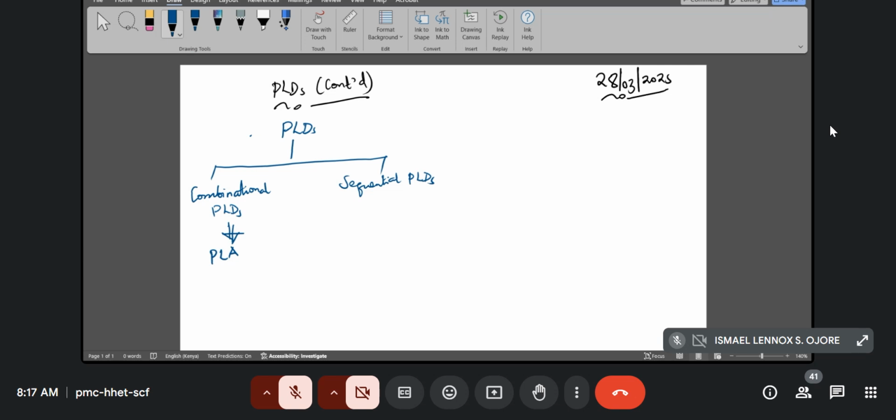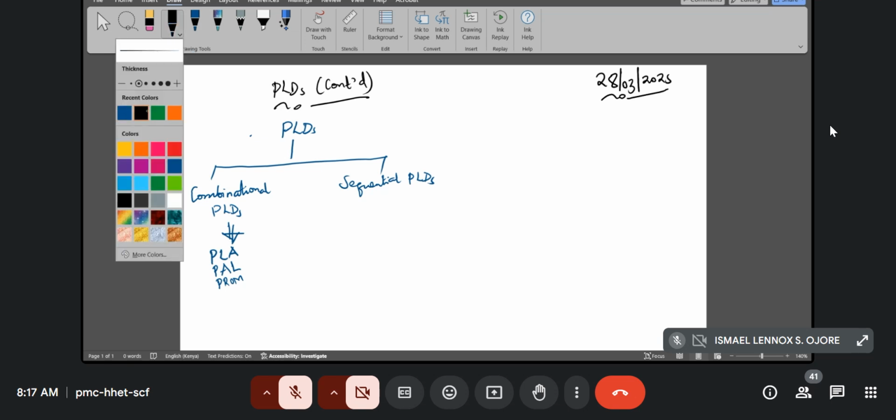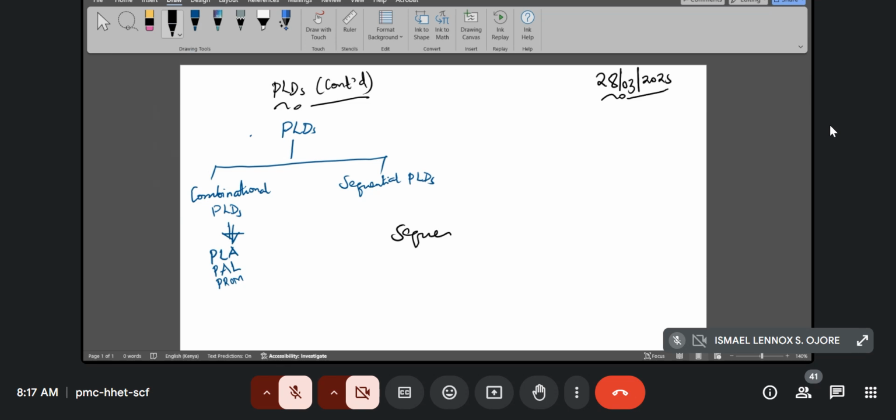It's the programmable logic array. Okay, so we have a PLA. Another one? Programmable array logic. And another one? PROM. Okay, thanks. So today we'll be looking at the sequential PLDs.